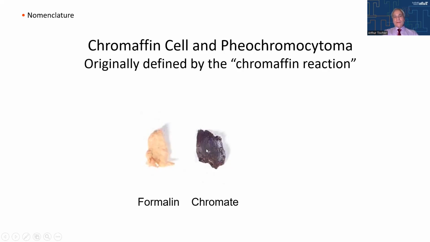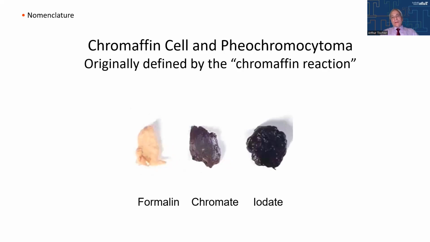It was believed that this color change resulted from a specific affinity for chromium, hence the terms chromaffin cell and chromaffin reaction were coined by an anatomist named Alfred Kohn, who was working extensively on these cells in Prague at the time.